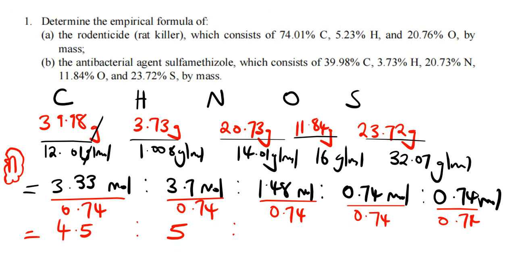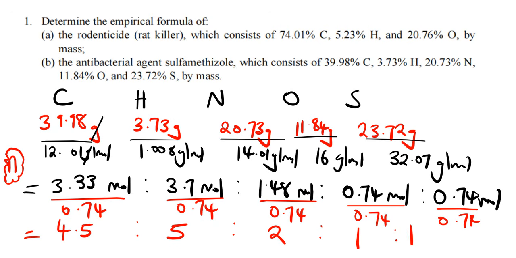Then 1.48 divided by 0.74, I'm getting 2. And these last ones are going to give me a 1 and another 1. This is what we have.